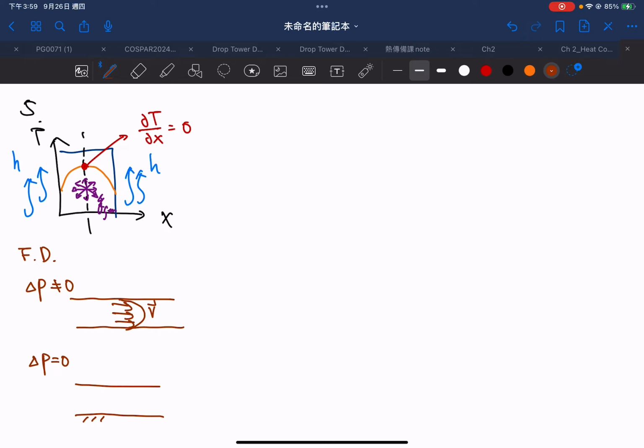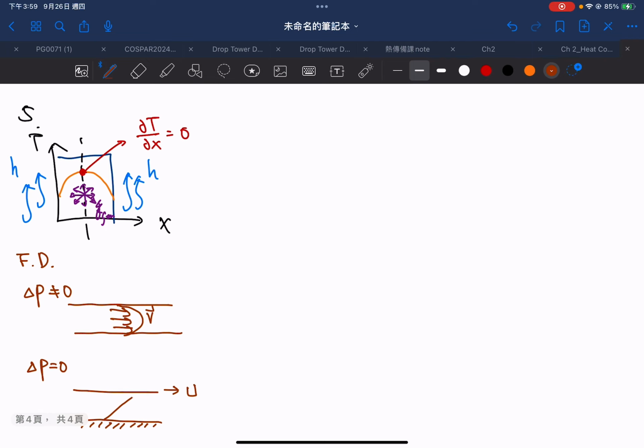If you remember, this will be a fixed plane and this one will be moving, then the velocity profile will look like this. So in this case, the velocity profile will be linear. But if you have a pressure drop or a pressure gradient, then the velocity will be parabolic.